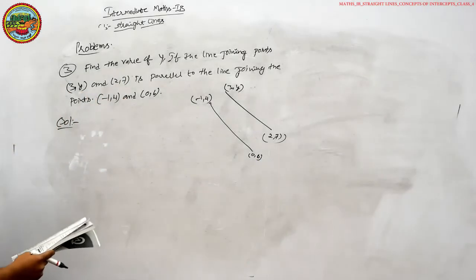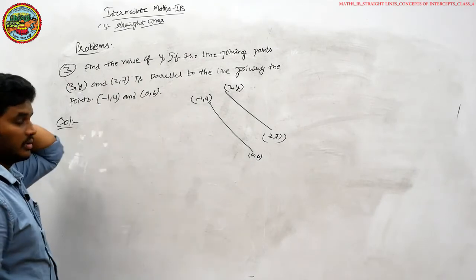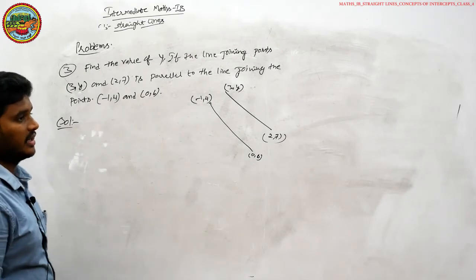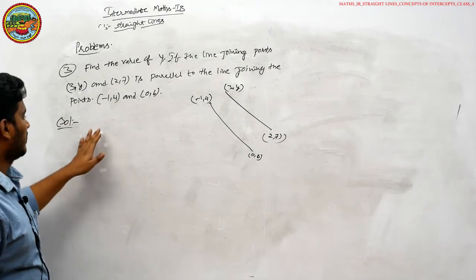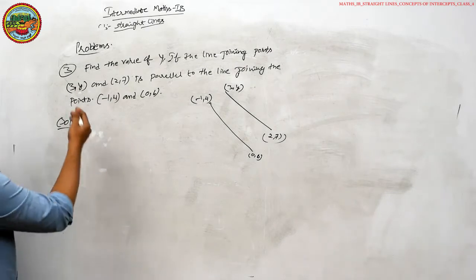Okay, so these lines are parallel, and we know that the slopes of parallel lines are equal, m1 = m2. By using that, we have to find the value of y.